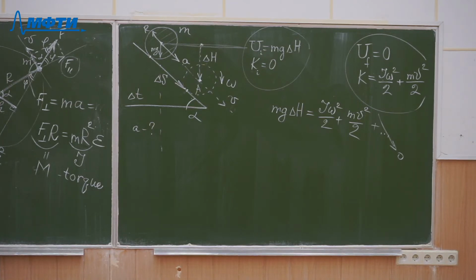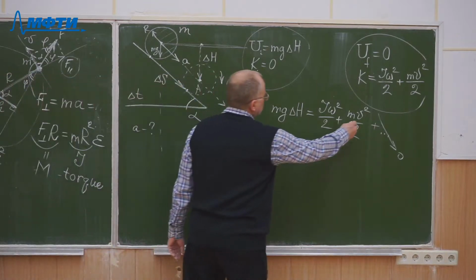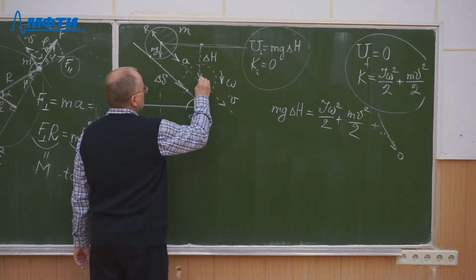Well, we know the relationship between the velocity and the angular velocity. V and omega are related here. And v is the velocity of the center of mass.